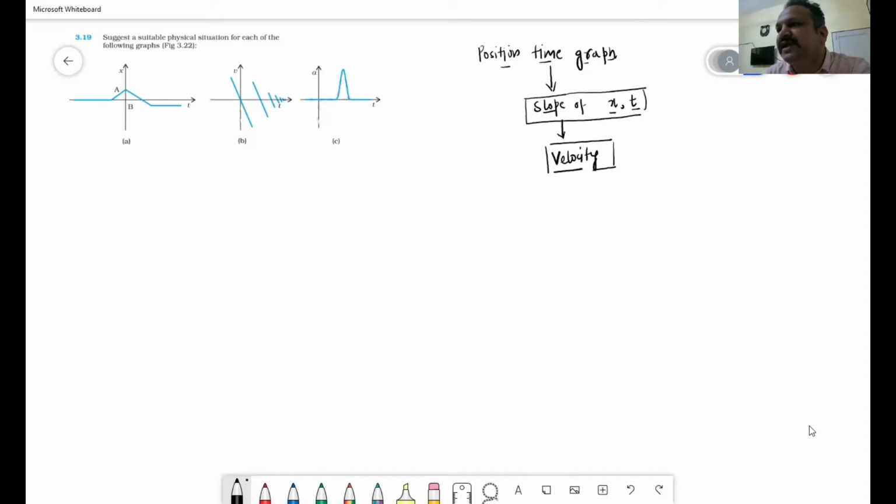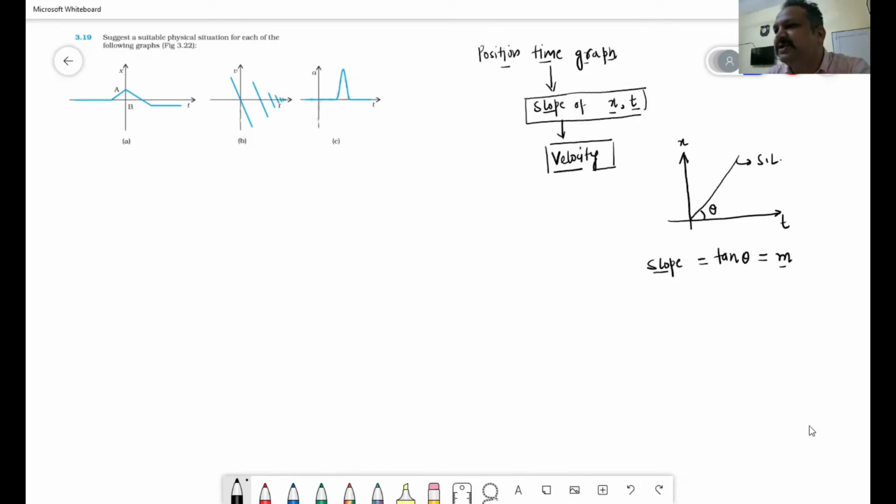Let's take an example to understand the situation. Suppose the graph is a straight line like this, where this is the position of the particle and this is the time. Then the slope of this straight line is tan theta, generally represented by m.